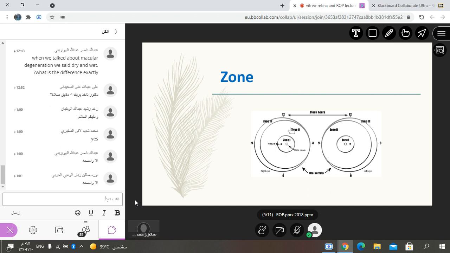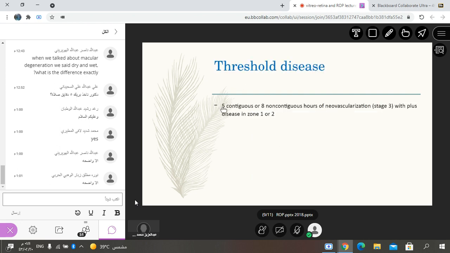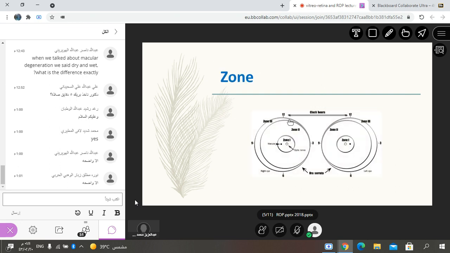So in zone 1 or zone 2, ROP of whatever stage extending from this one to this one, we calculate the clock hours, which we mentioned as 5 contiguous or 8 non-contiguous. What do we mean by it? 8 non-contiguous means 4 here and 4 here. Okay.